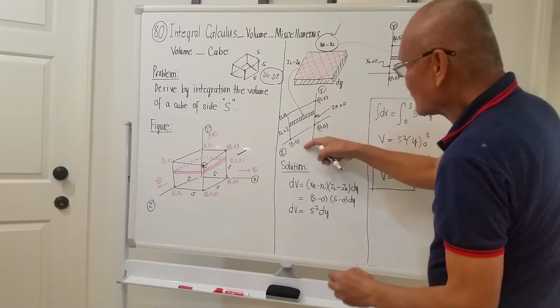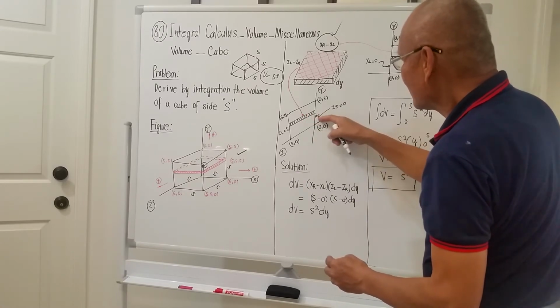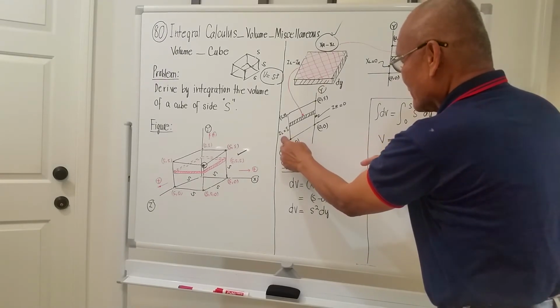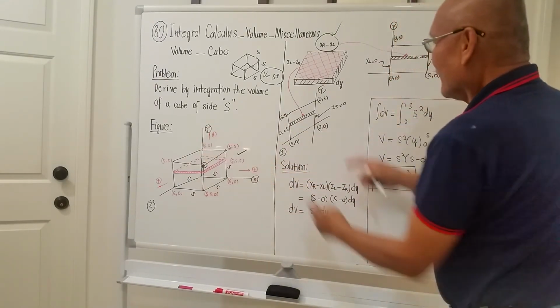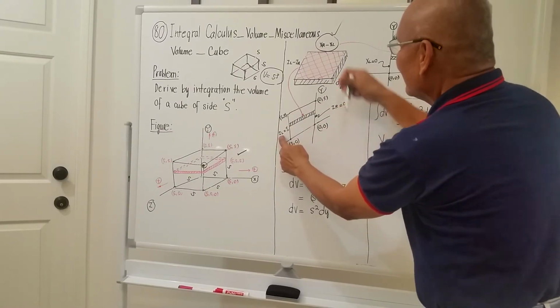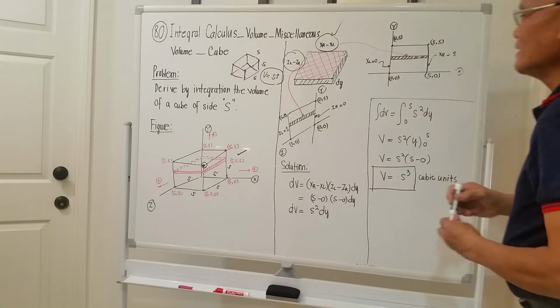And on the other side, considering the YZ plane, this is the differential slice. This is ZR, the one on the right. This is ZL, the value of Z on the left. And actually this length here is ZL minus ZR.